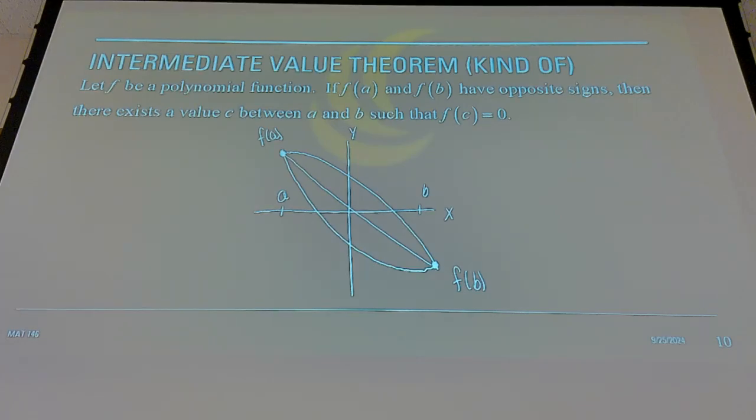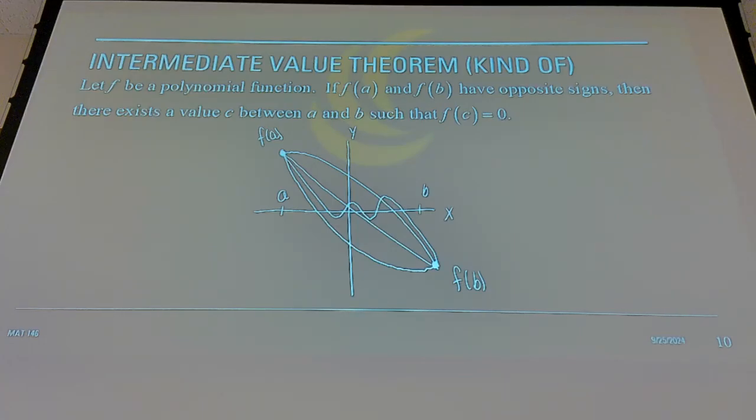Could do that. Could also do that. Cross multiple times. But the point is it's going to cross the axis. So it's going to have an x-intercept. That's what the intermediate value theorem says.